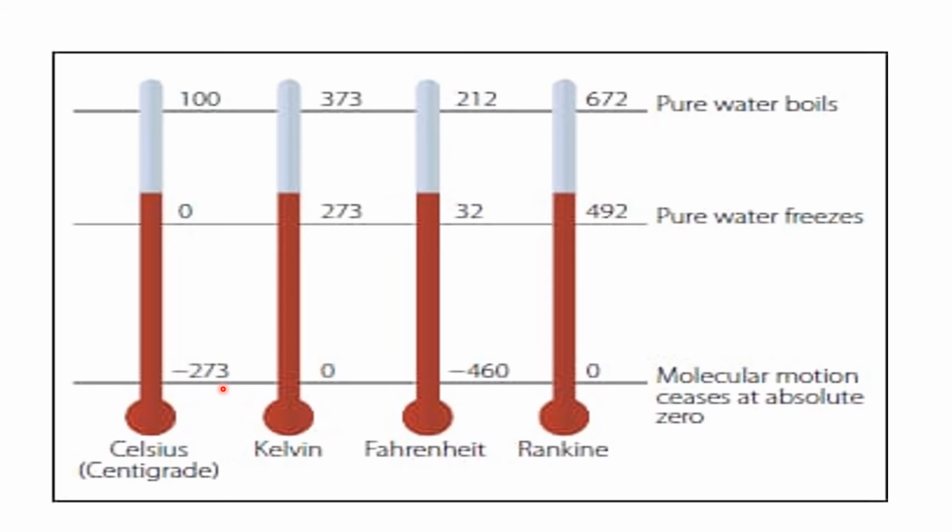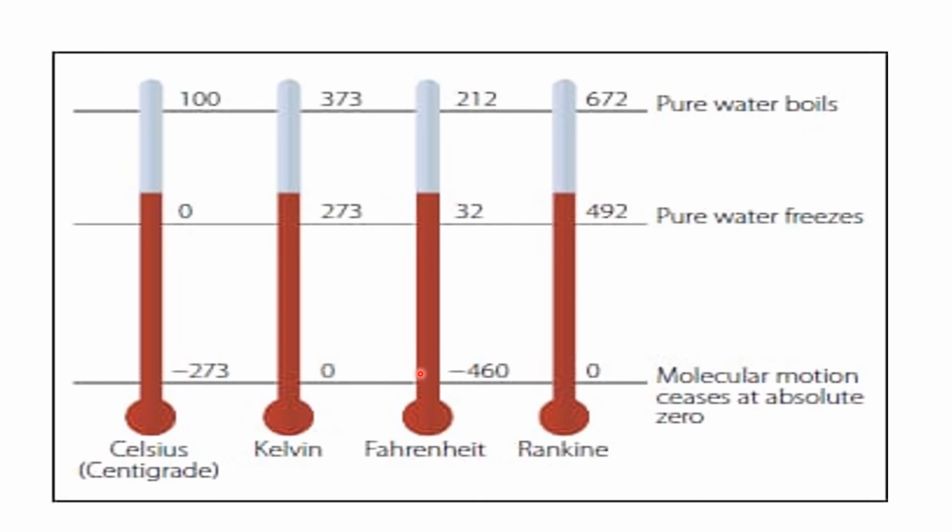It means molecular motion is completely stopped at this temperature. There is no molecular motion or vibration. Everything is calm and quiet. No vibrations, no energy transfer is taking place at this temperature. Even for Kelvin, at 0 Kelvin, molecular motion is completely stopped.